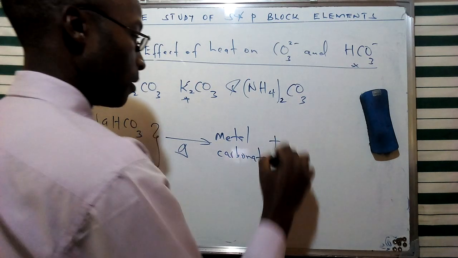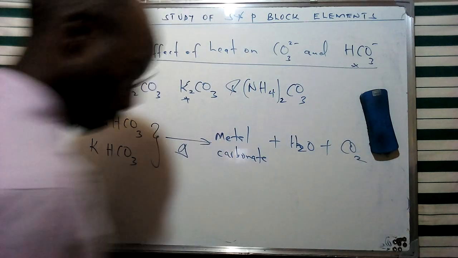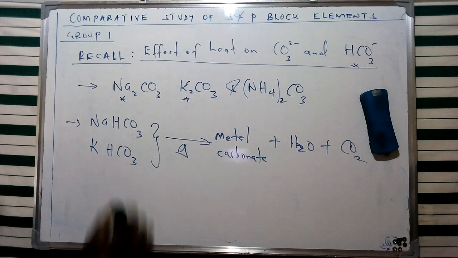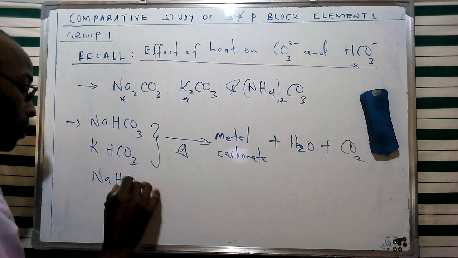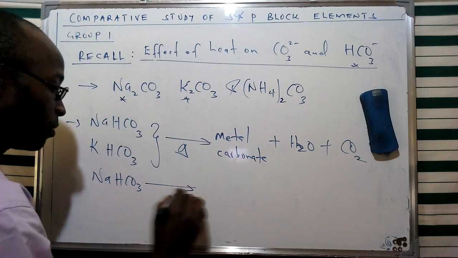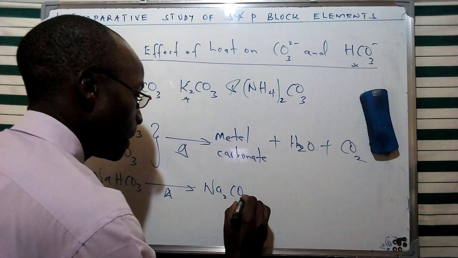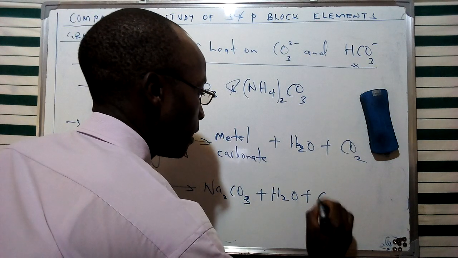And of course, that's going to be accompanied with water plus evolution of a gas which is going to be carbon dioxide. Now, if we look at the decomposition of sodium hydrogen carbonate, this is going to produce sodium carbonate plus water plus carbon dioxide.